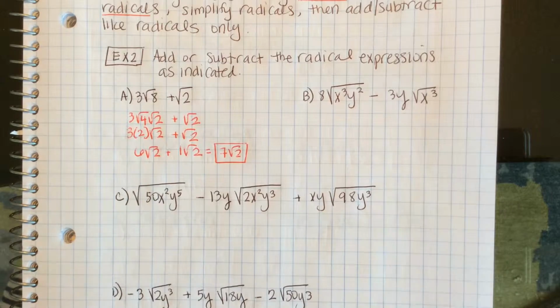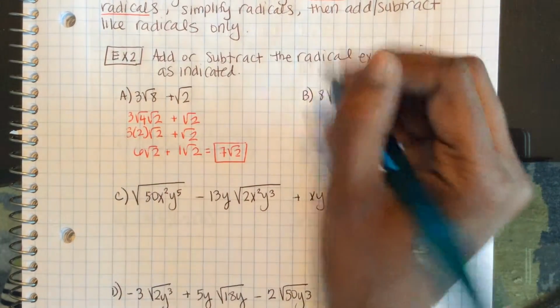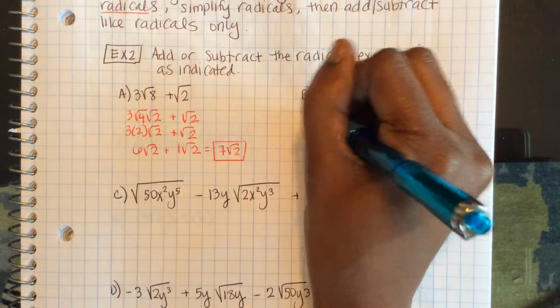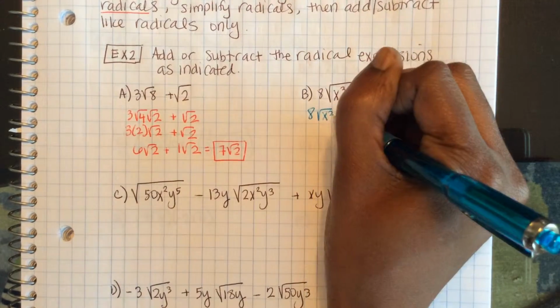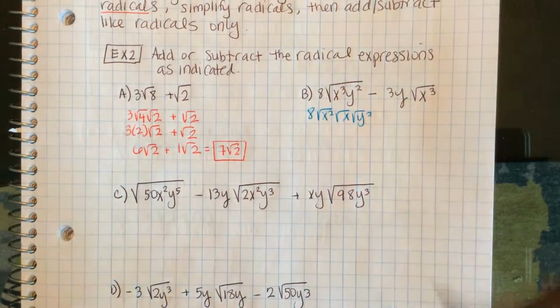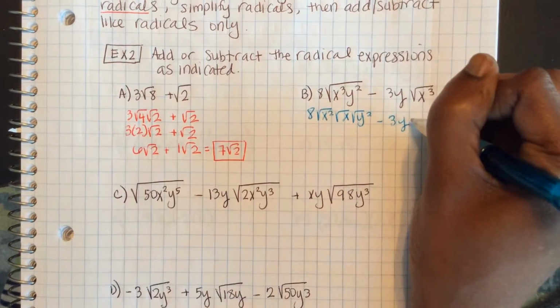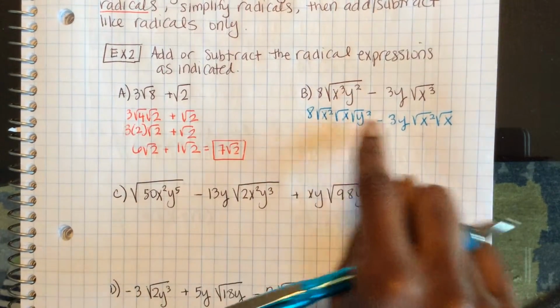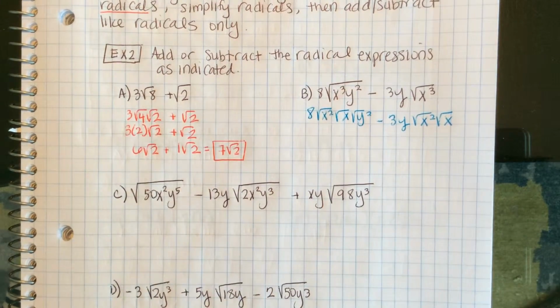Okay, let's look at part B over here. Square root of x cubed y squared. So this is 8 square root of x squared, square root of x, square root of y squared, minus 3y, square root of x squared, square root of x. So notice I was factoring out perfect squares to simplify my radicals.